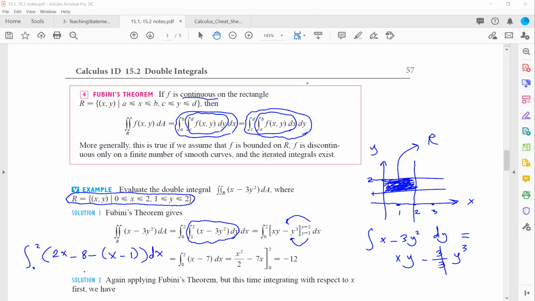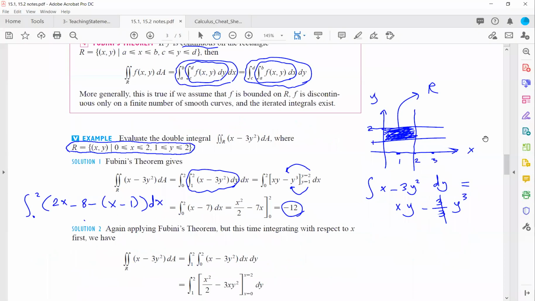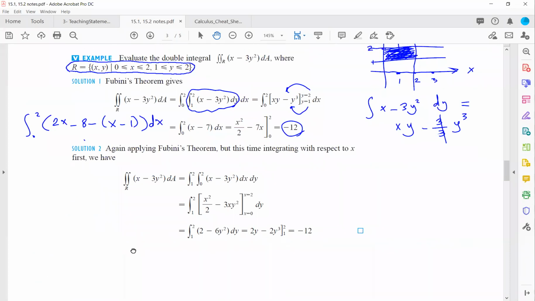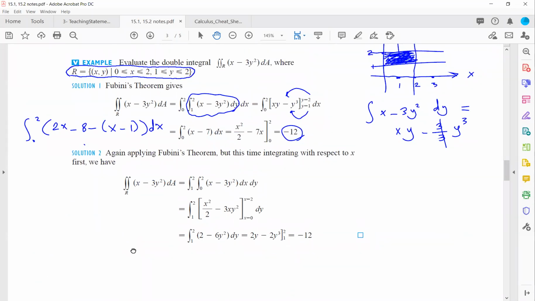So you have 4 over 2 minus 14. 4 over 2 is 2 minus 14, which is negative 12. Again, you can change the order of these two variables and you get exactly the same value.